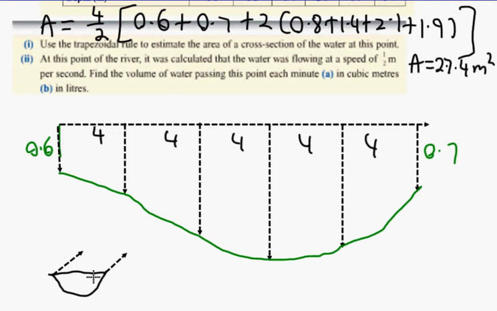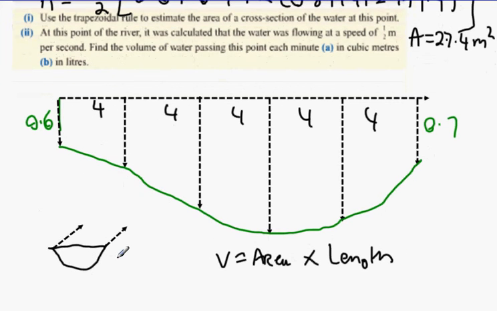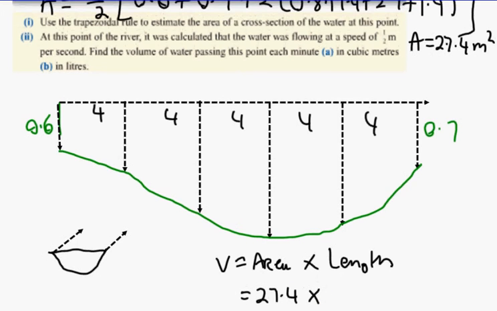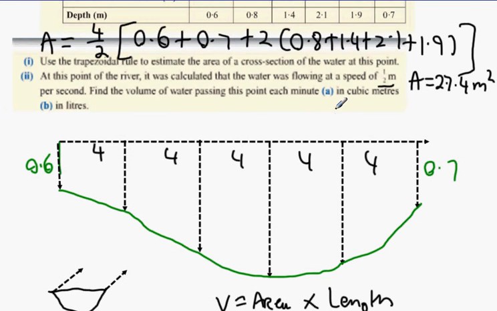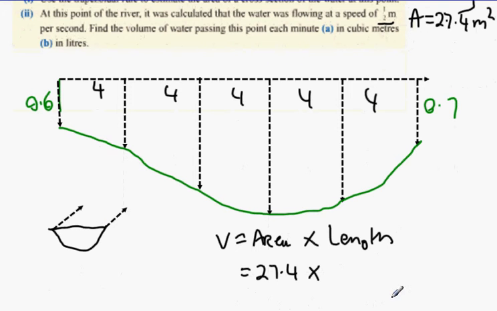Volume equals area by length. So in this case, the area is 27.4. And the length, now we have to figure out the length. It's ½ meter per second. So we're going to multiply this by ½ meter.